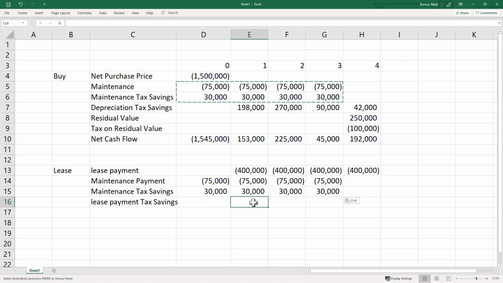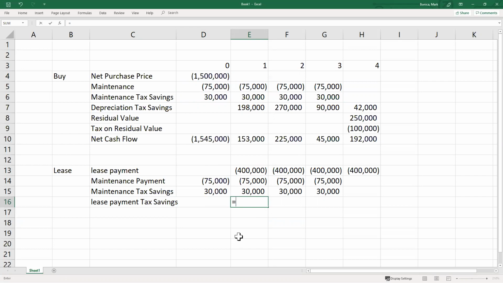Okay, and then the lease payment savings, right? So a lease payment hits our income statement as an expense, and then that reduces our taxable income by $400,000, which means that we get to reduce the amount of taxes by 40% of $400,000.